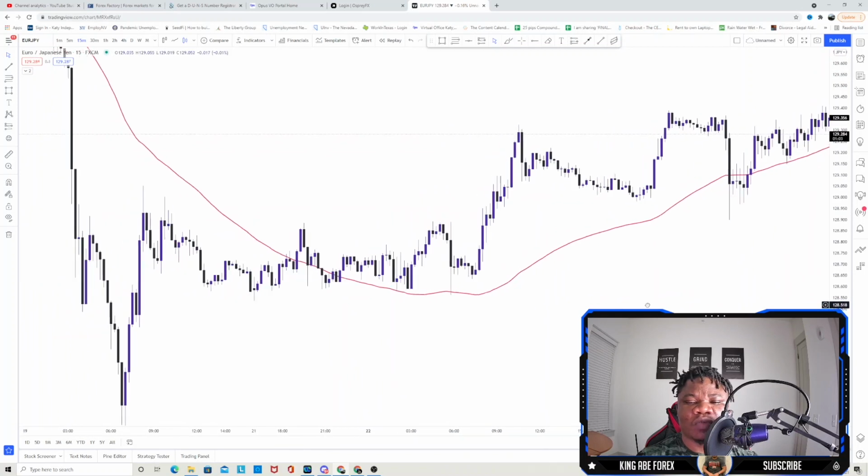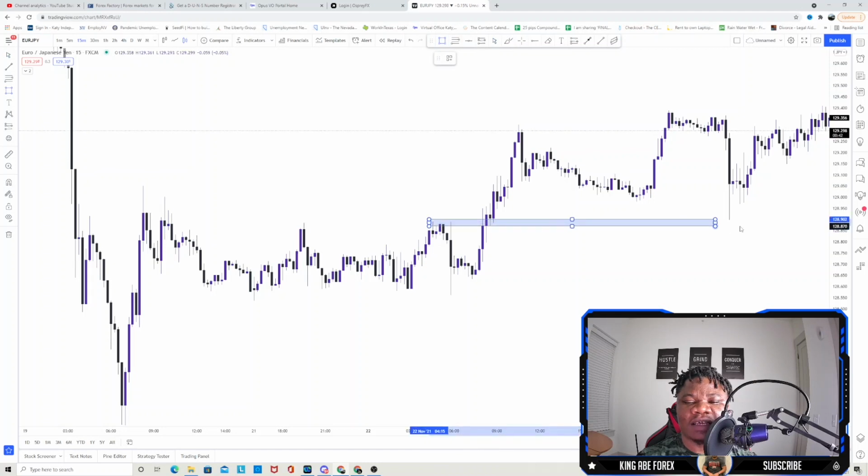Now what we need to be looking out for is we need to make sure that price is above the 200 triple EMA. Once we have that, we're going to identify, let me hide this so you guys can see what I'm doing clearly, our previous high.